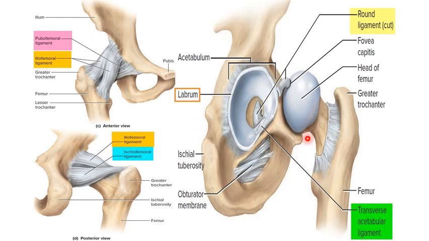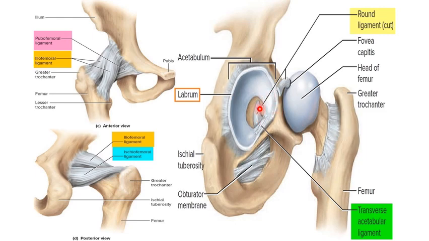Coming to the intracapsular ligaments, you can very clearly see the transverse acetabular ligament is this, bridging the acetabular notch, converting it into the foramen through which the acetabular vessels can pass into the joint. And the rim of the acetabulum, the glistening thing you can see here, is the acetabular labrum, which helps in deepening the acetabular socket.